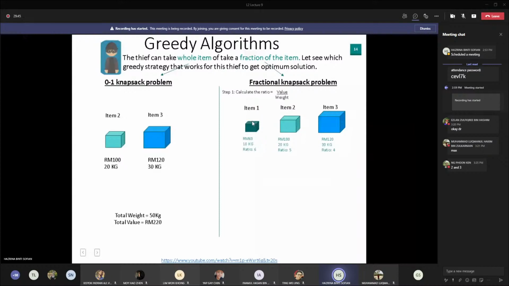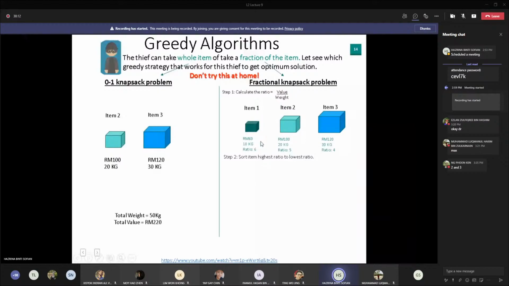Then what you need to do next is sort the items from highest ratio to lowest ratio. So in this case, it's already sorted. Okay, we have ratio 6, ratio 5, and 4. So the third step is to identify which one we need to do the fraction on.